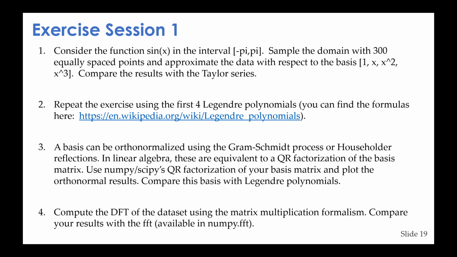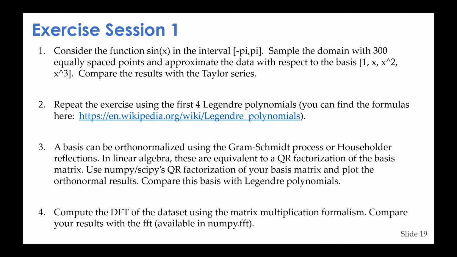So the questions are the following. First, I give you a very simple data set, which contains 300 points, and which is nothing more than a uniform sampling of the function sin(x) in the interval minus pi to pi. So if you plot that function, it will look like a sinus, of course, right?